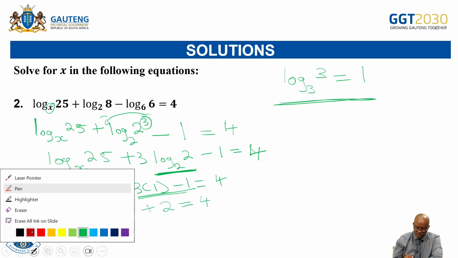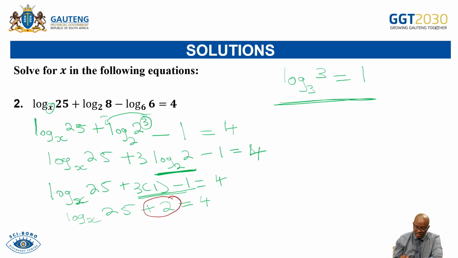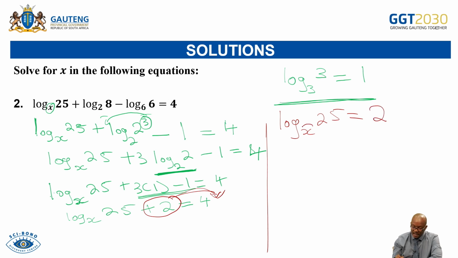Now what we can do here, we can transpose this 2 to the right hand side. Then we're going to have the log base x of 25 is equal to, if we transpose that 2 it will become negative, then 4 minus 2 is 2. Then we take this x and it will push the 2 there. Then we're going to have 25 is equal to x squared. That's where you can introduce the square root.